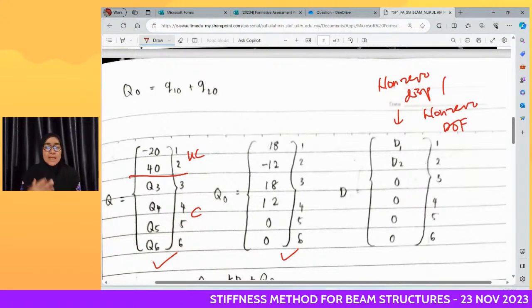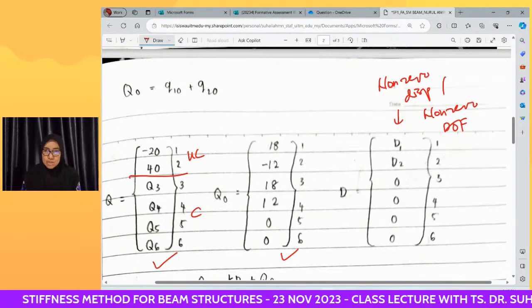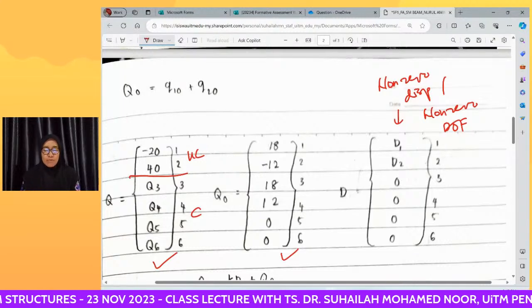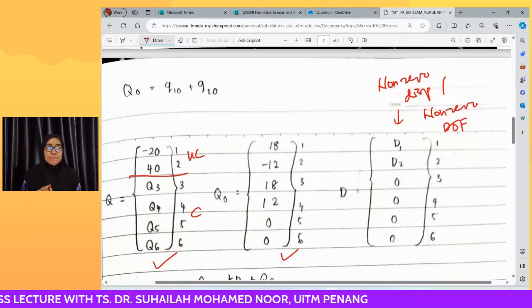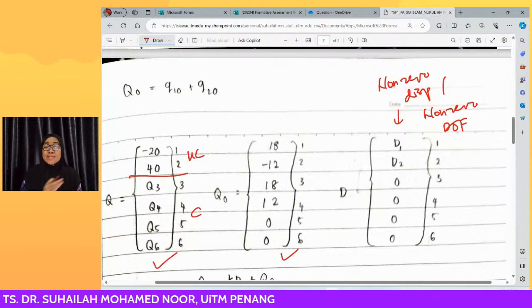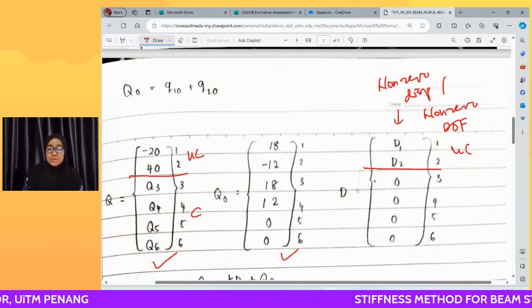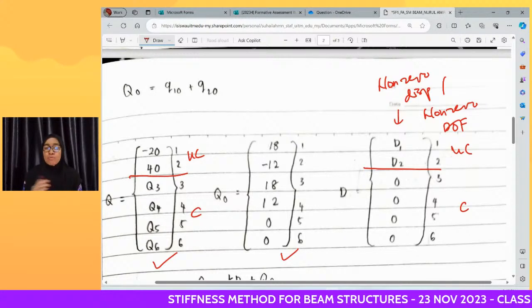They refer to the same thing: unknown displacement. The boundary between unconstrained and constrained: constrained means support, no movement.